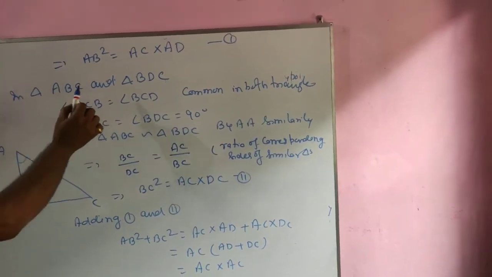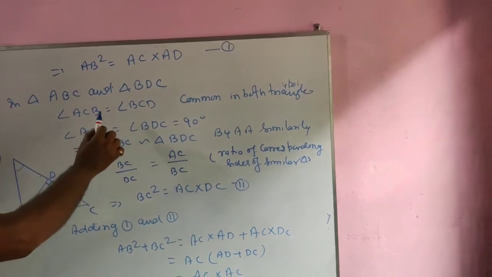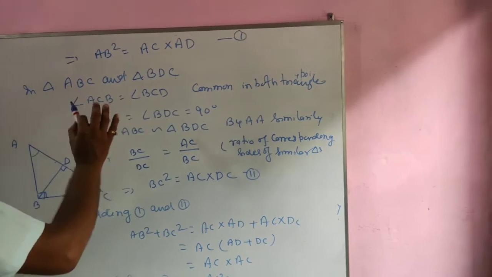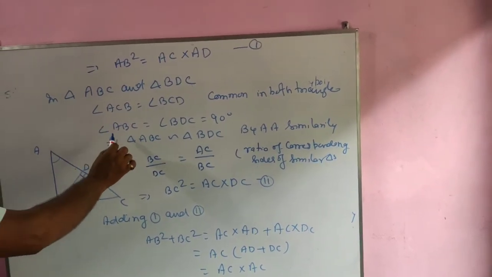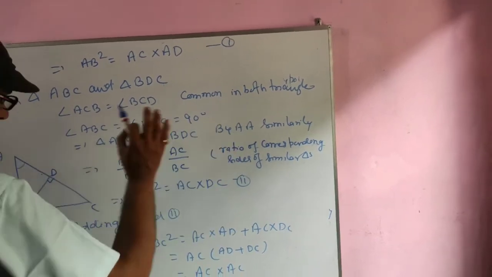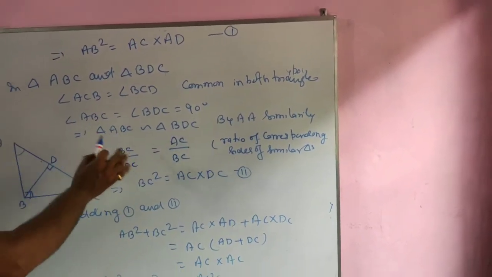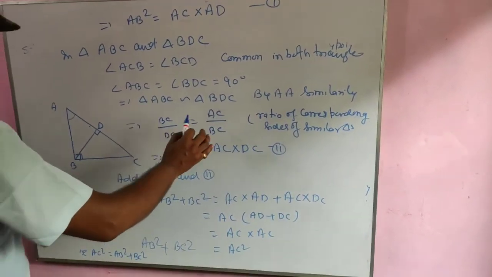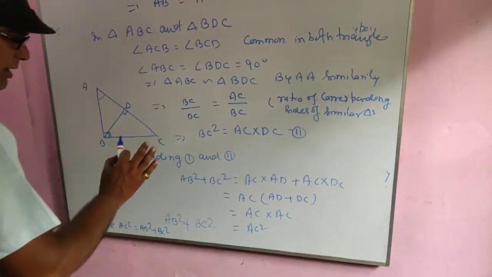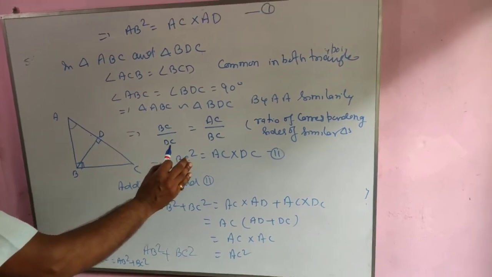Again in triangle ABC and BDC, ACB is equal to BCD, common in both the triangles, same angle, and ABC is equal to BDC is 90 degrees. So both the triangles are similar by AA similarity. Now we take the ratio BC by DC is equal to AC by BC. Taking cross multiplication, BC square is equal to AC into DC.